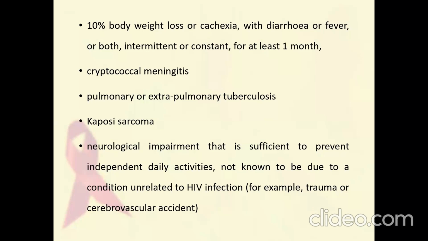Cryptococcal meningitis, pulmonary or extrapulmonary tuberculosis, Kaposi sarcoma, neurological impairment that is sufficient to prevent independent daily activities and which is not known to be due to conditions which are unrelated to HIV infection, for example, due to trauma or cerebrovascular accident.